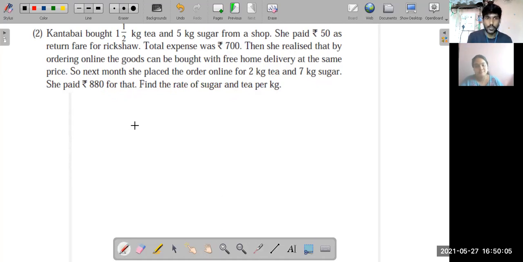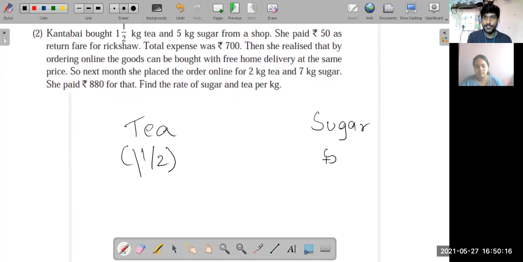Okay, understand this question. So she has bought tea and she has bought sugar. 1.5 kg tea and 5 kg sugar.